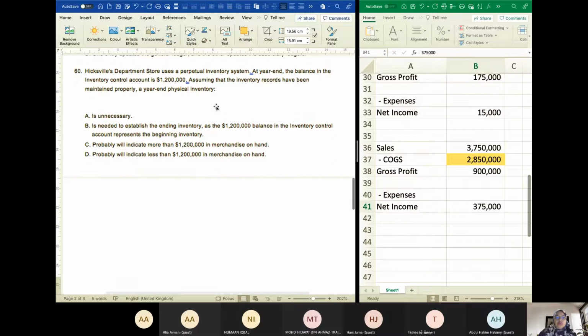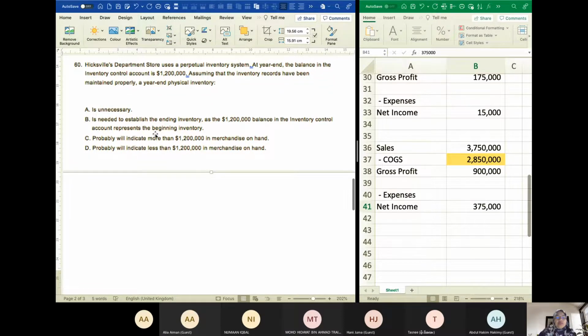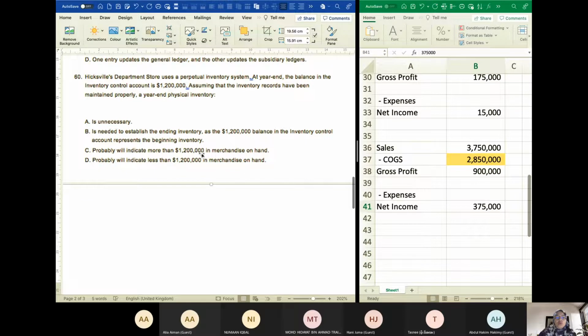No. 1.2 million is at the end of the year, so that is the closing inventory. So B is wrong. Would you have your inventory more than 1.2 million? Your physical count more than your account? It's unlikely to have that. But can you have less than 1.2? Yes. Because of the shrinkage. Right? So the answer would be D.